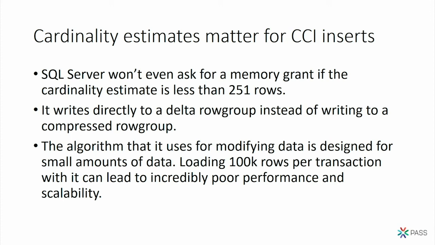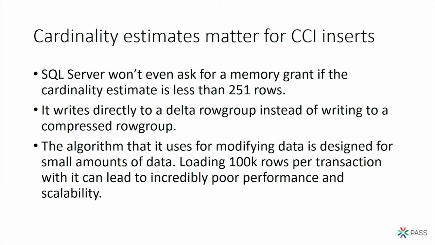So when you insert data into a table, the SQL Server engine makes a choice about which algorithm it uses to actually do that insert. If you've ever seen cases where you expected minimal logging and you didn't get it, for example, the most popular reason for that is the cardinality estimate is too low. SQL Server picks an algorithm that doesn't qualify for minimal logging, and then you don't get that.